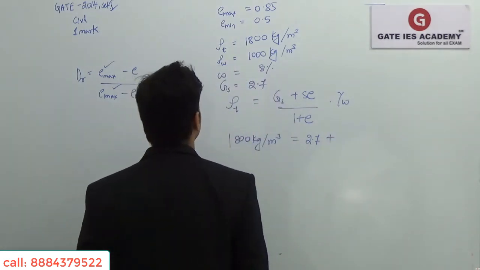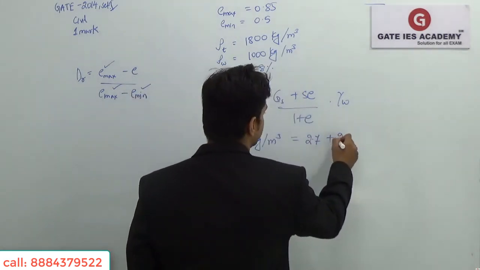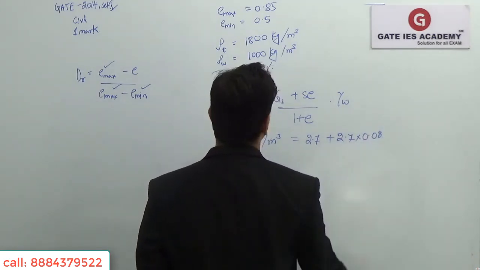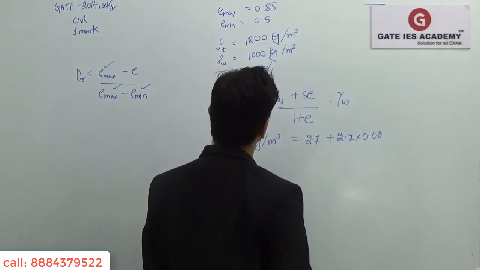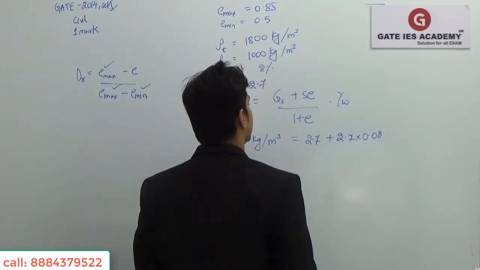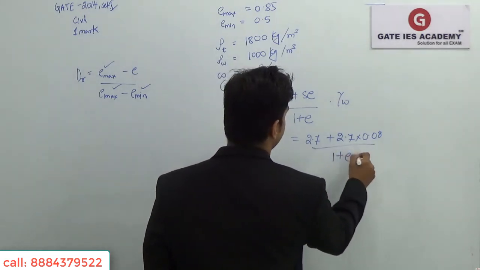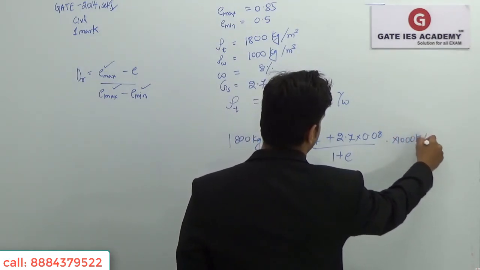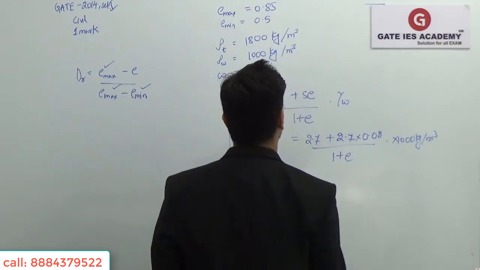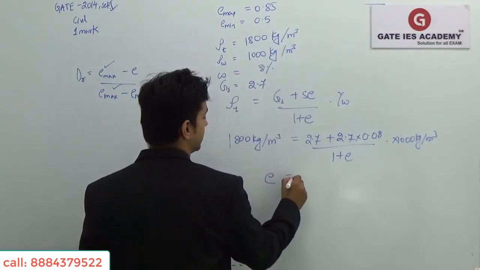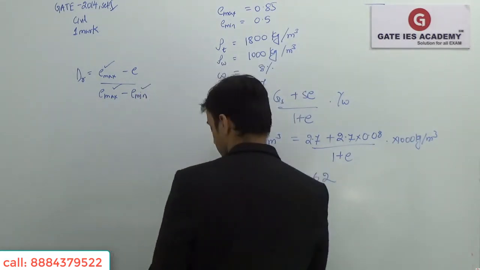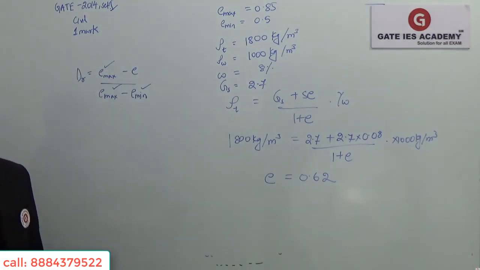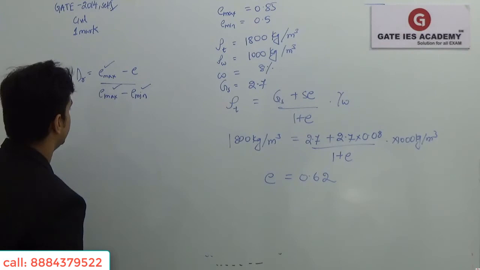I will replace SE by WGS because W and GS are known. So 2.7 into 0.08, upon 1 plus E into 1000 kg per meter cube. So only one is the unknown, that is E, and that is coming as 0.62. So I got my E value as 0.62.